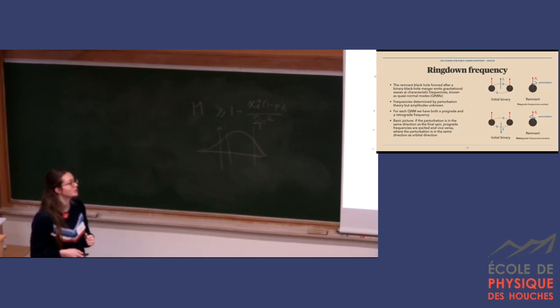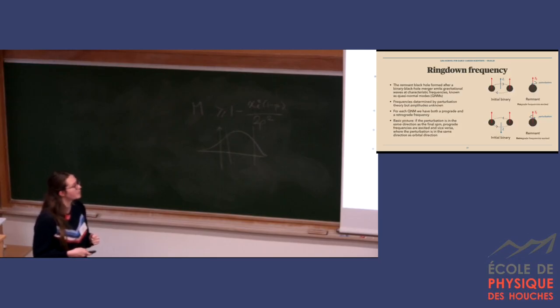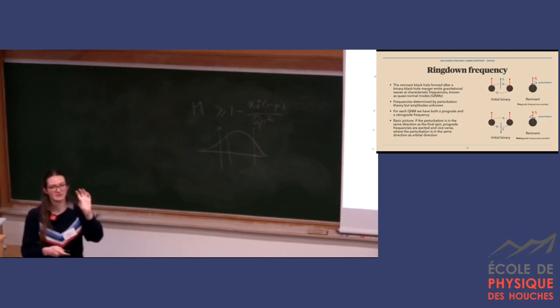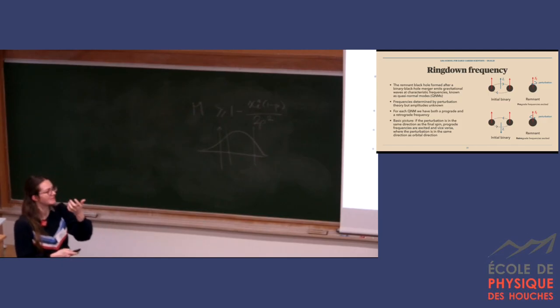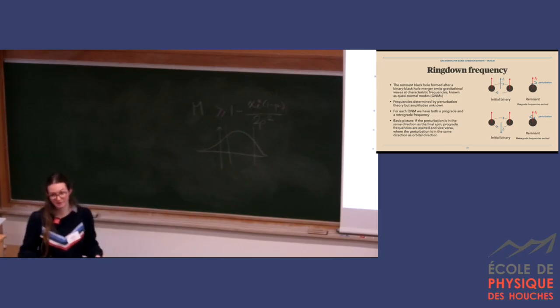For each quasi-normal mode, we have both a prograde and a retrograde frequency. Essentially, if the black hole is spinning and the perturbation is in the same direction as the spin of the black hole, then it is a prograde frequency. And if the perturbation is in the opposite direction, then it is a retrograde frequency.